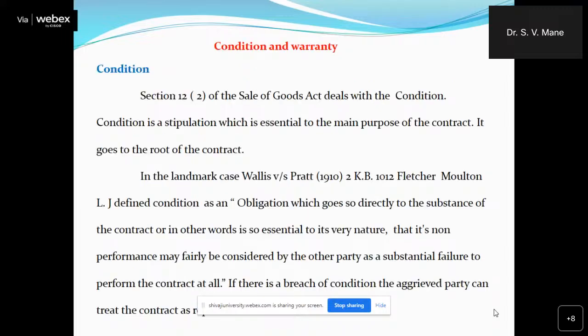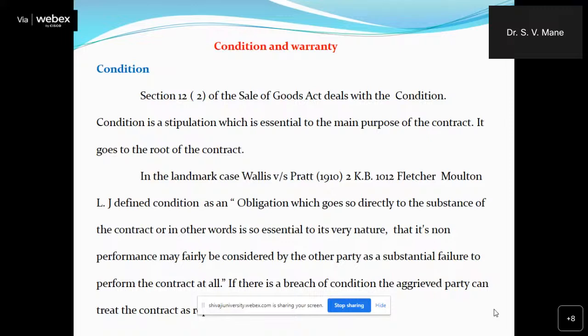Then condition and warranty. Section 12, subsection 2 of the Sales of Goods Act deals with the condition. So the condition is a stipulation which is essential to the main purpose of a contract. It goes to the root of the contract.